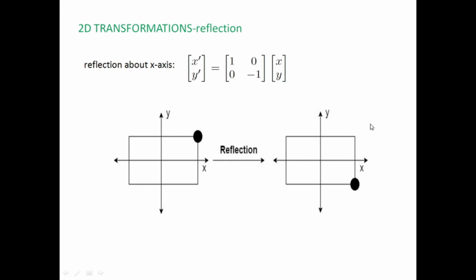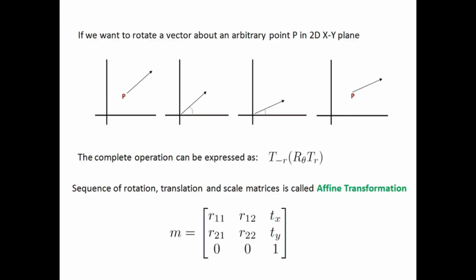This is the x dash and y dash, and this is xy. This x dash doesn't change here. Y dash underwent a mirror to its original value. So if the original value of this point is some 2 units, the new value of this point is -2. That's it. So these all are about the 2D transformations.